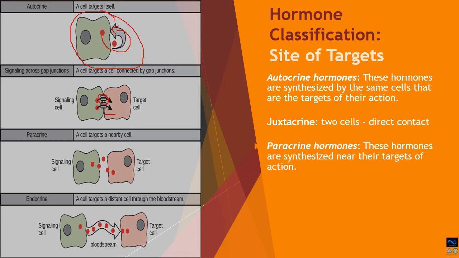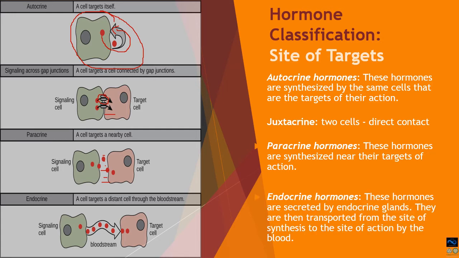Third is the paracrine signaling or paracrine hormones, which are the hormones which are synthesized near the target cell. So the hormones which are produced by the signaling cell will move through the small gap or small distance and go into the target cell to do its function.